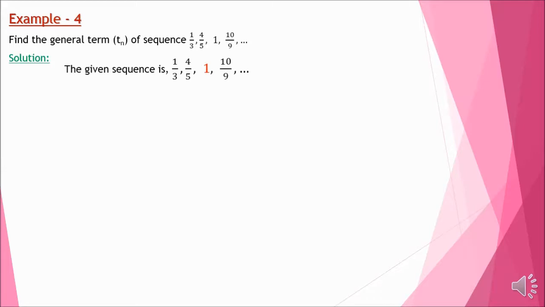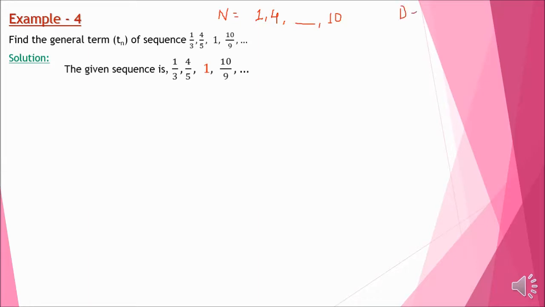Let's make a sequence from the numerator. It will be 1, 4, gap, 10. And now student, tell me what will be in the gap. This is the sequence of the numerator. And let's construct a sequence for the denominator also.